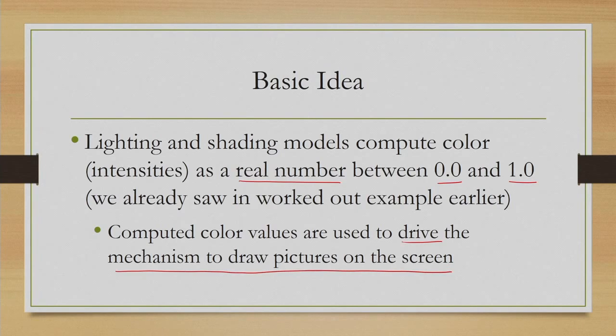In the introductory lectures, we have touched upon the basic idea of a graphic system. There we mentioned that through the pipeline stages we compute intensity values, and these values are used to basically drive some electromechanical arrangement which is responsible for rendering or displaying a colored object on a computer screen.